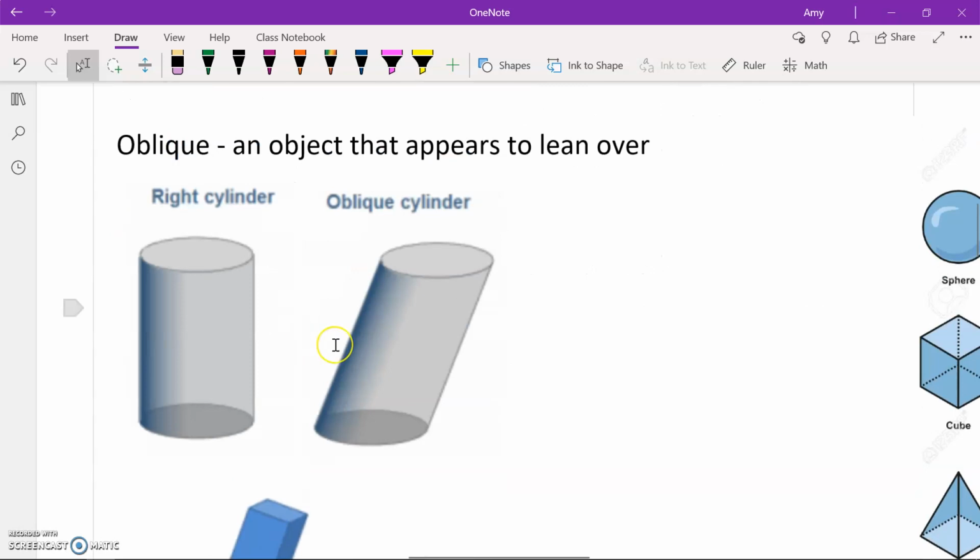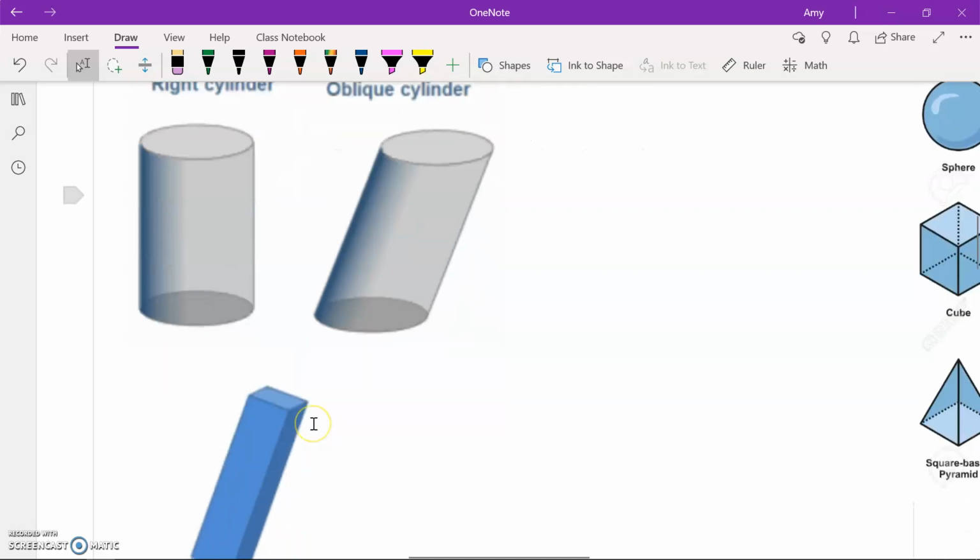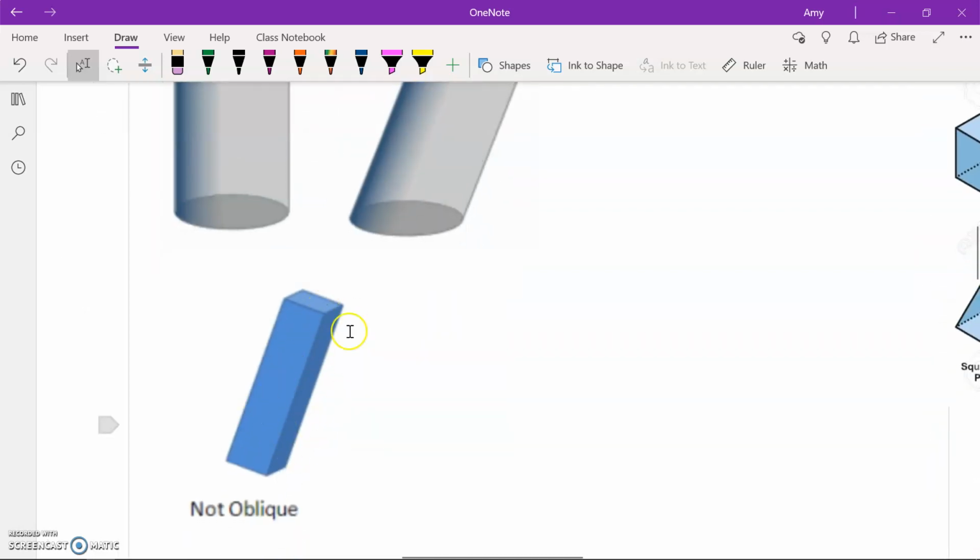Now, I do want to show you this term oblique. Oblique is if you have a figure that leans over. So you just take the cylinder and just make it slanted, but you notice that the bases are still parallel, but they are no longer perpendicular to the outside edge. Why do you think that this figure is not oblique?